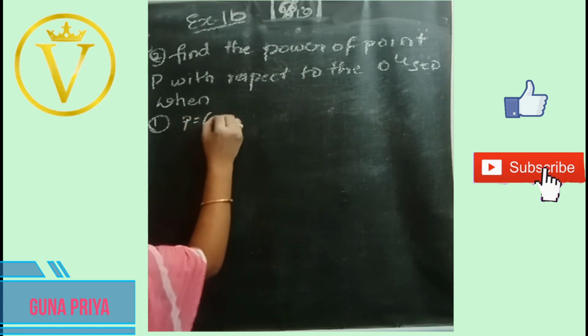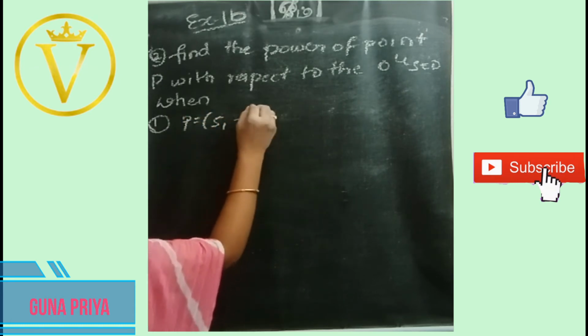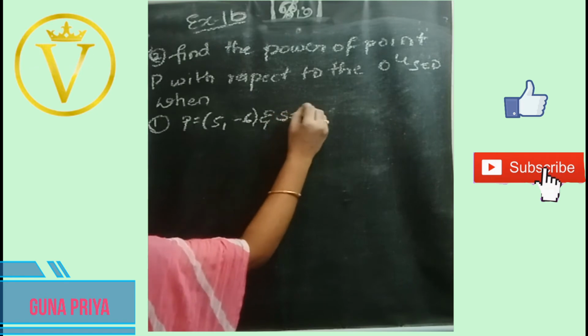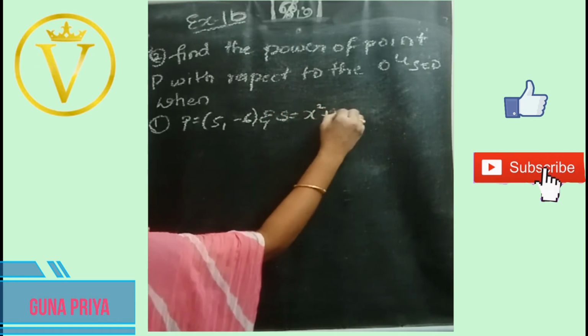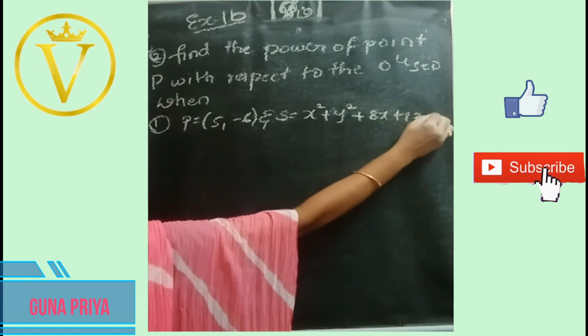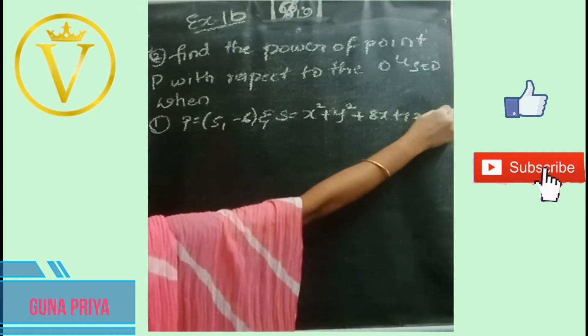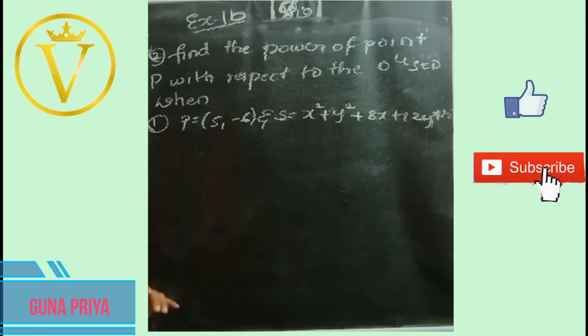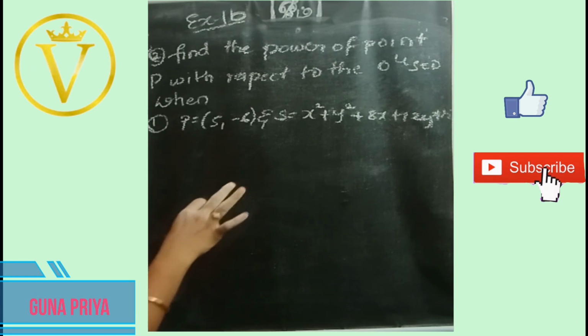So P equals to (5, -6) and S equals to x square plus y square plus 8x minus 12y plus 15. In the previous question they asked the position, that means we have to find out the position of a point, either in the exterior or in the interior.